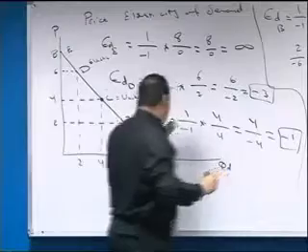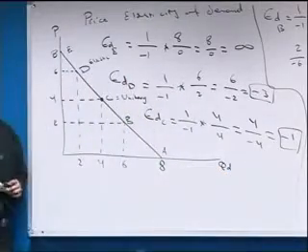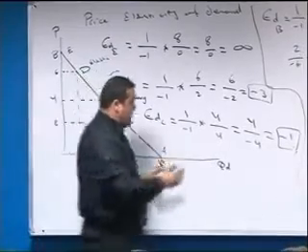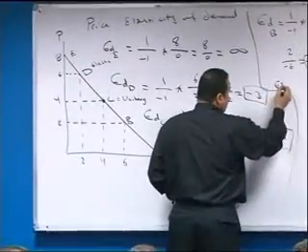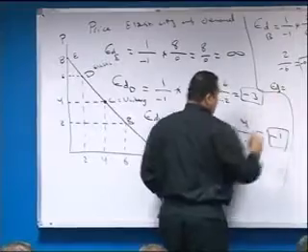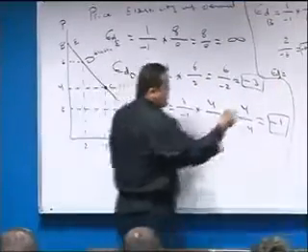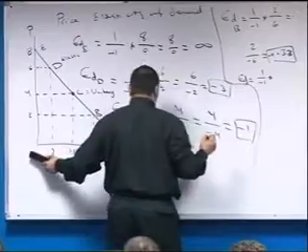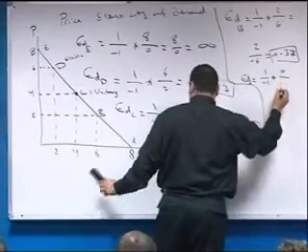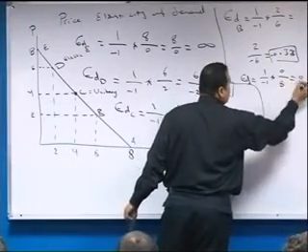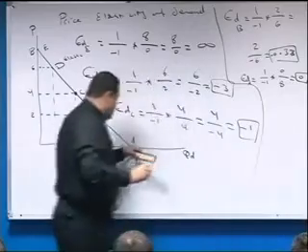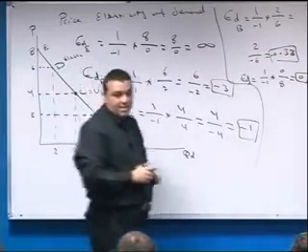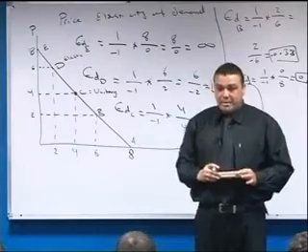So it would be inelastic, right? What about the last case? At point A, ED equals 1 over minus 1 times the price, 0, over 8. It would be 0. So it would be perfectly inelastic demand, right?